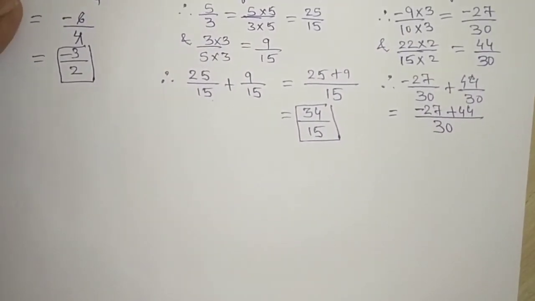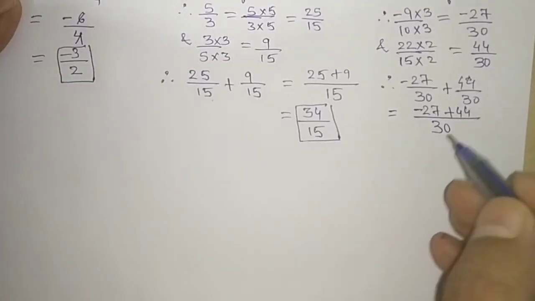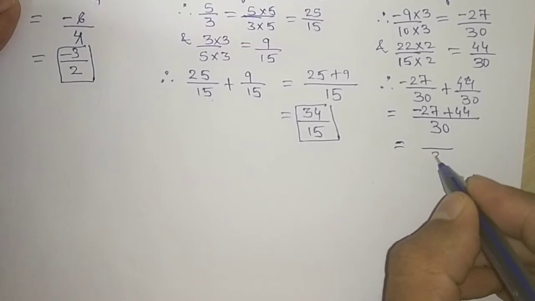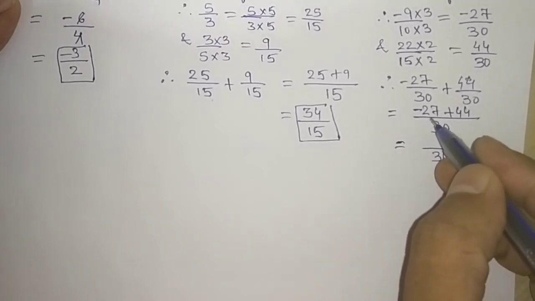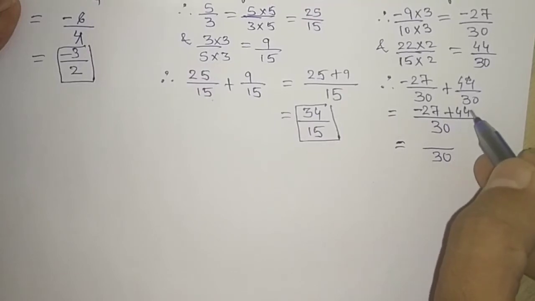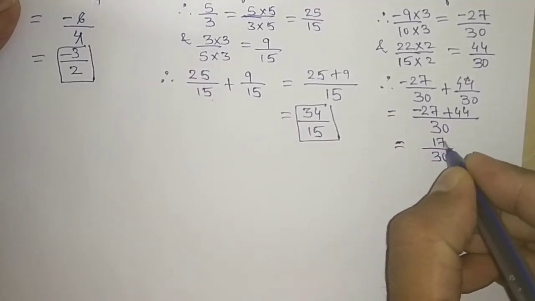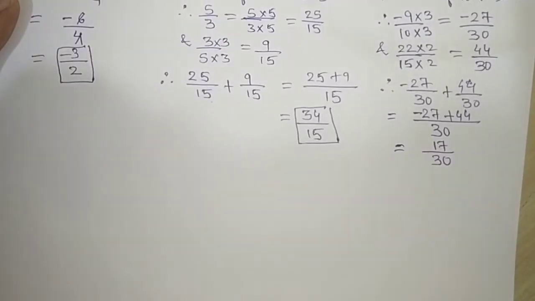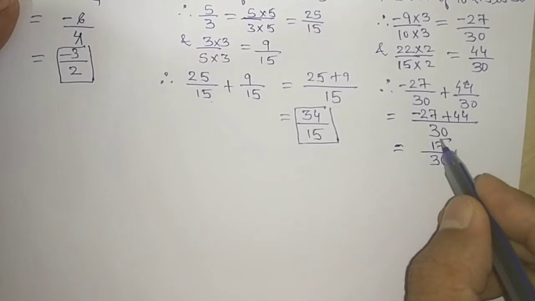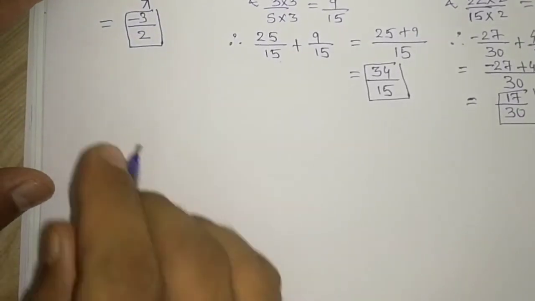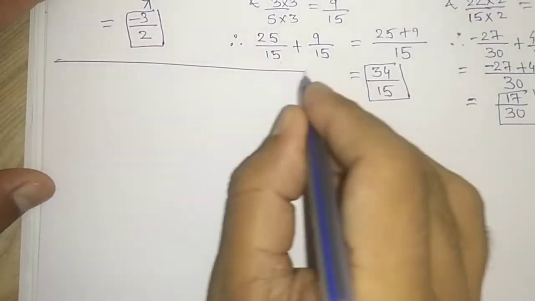Minus 27 plus 44, plus sign is greater, so we will be having the answer in plus. 44 minus 27 we will do, so it will give us 13 plus 4 17. 17 divided by 30 will be our answer, because it can't be cut further. Now moving to fourth part.